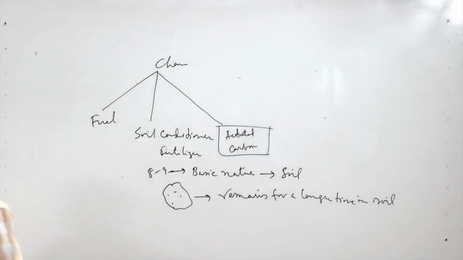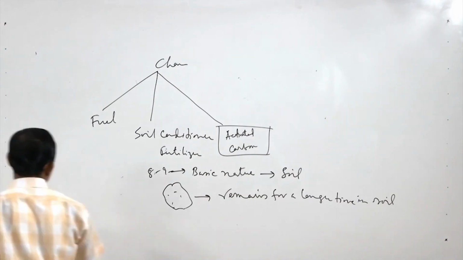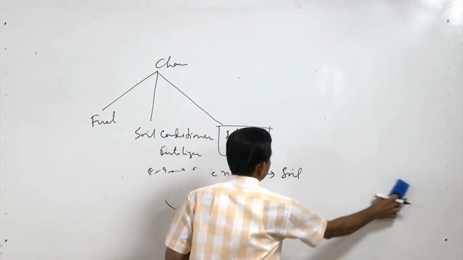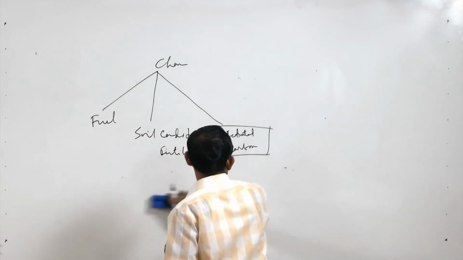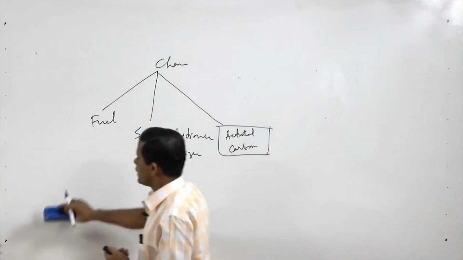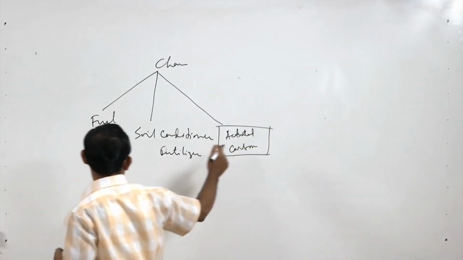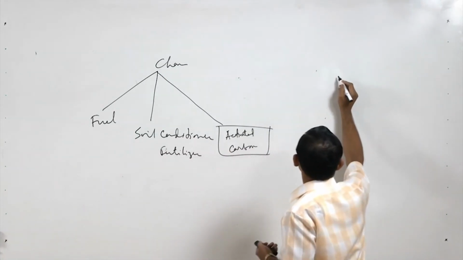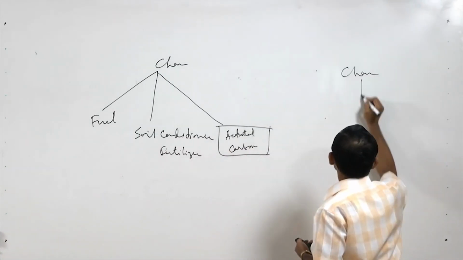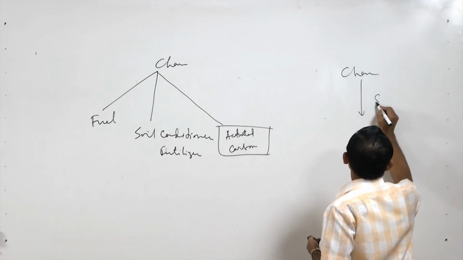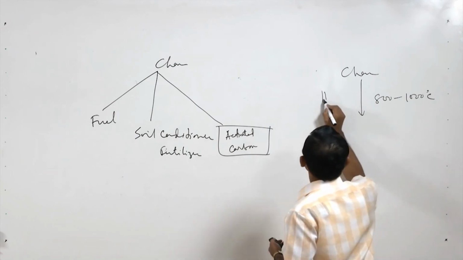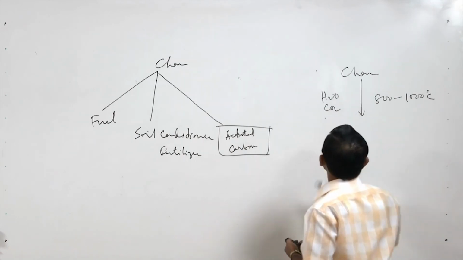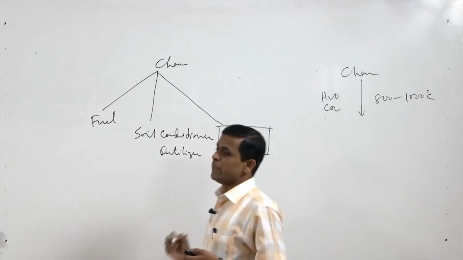For the activation of this char, there are two basic methods, one is physical and another is chemical. In the physical method, this char is heated at 800 to 1000 degrees centigrade in the presence of some oxidizing agent, H2O or CO2.